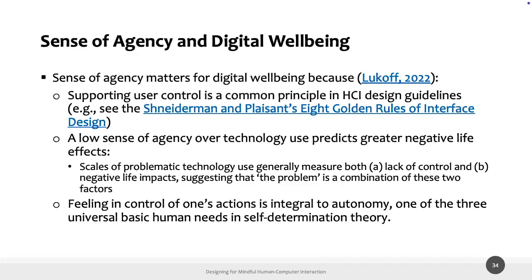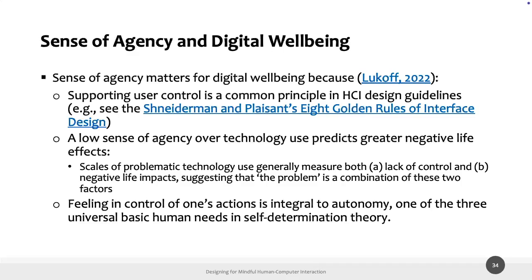Of course, sense of agency is important for digital well-being because, first of all, supporting user control is a common principle in HCI design guidelines. It is demonstrated that a low sense of agency over technology use predicts negative life effects. And also feeling in control of my actions is integral to autonomy, which is one of the three universal basic human needs in the self-determination theory.